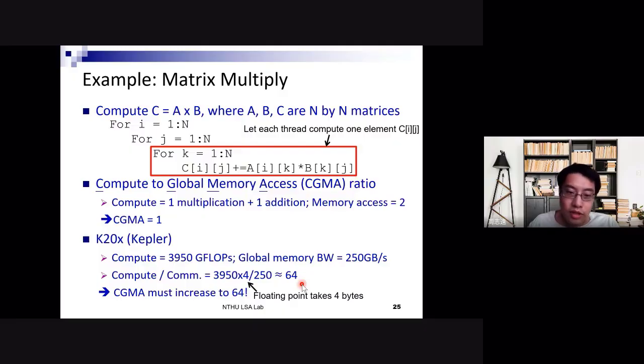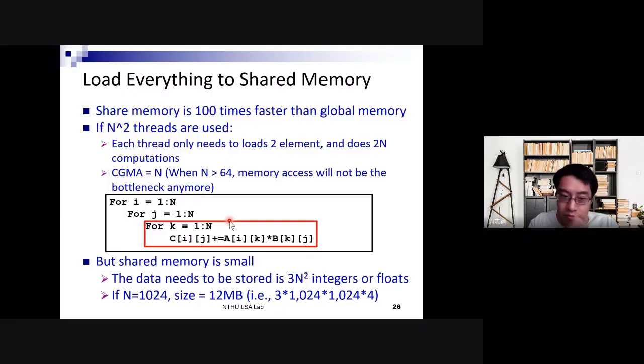All right. So anyway, you can see that a naive implementation of this function will generate a ratio of 1, which is not good. So how can we do better? The easiest way is through the shared memory. As we mentioned when we introduced the shared memory, the way to use it is very simple.